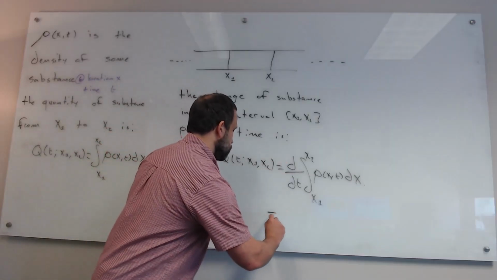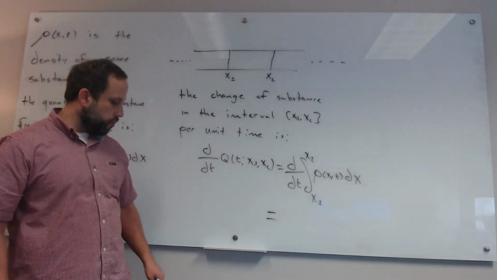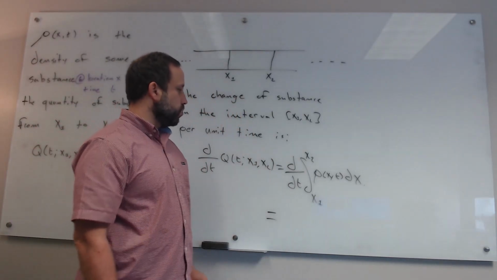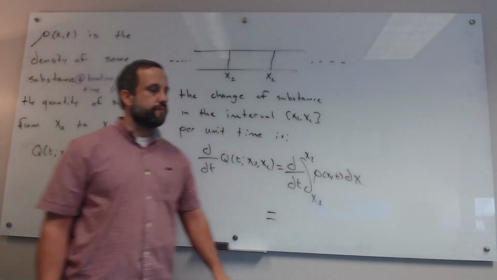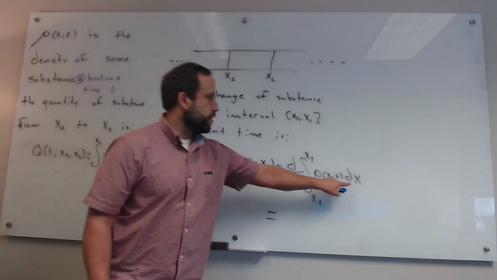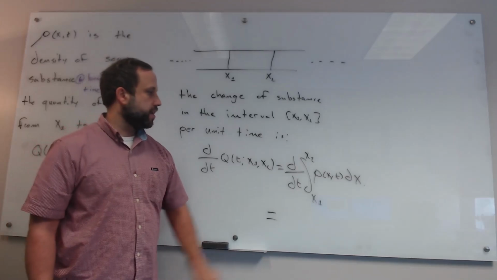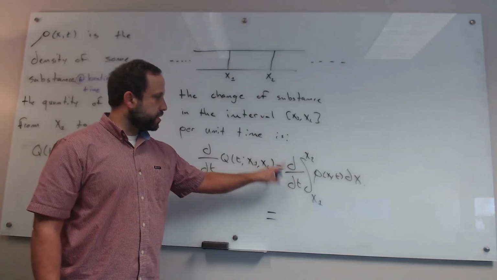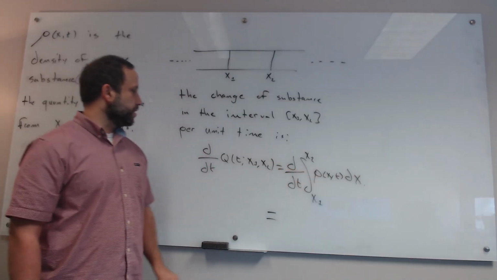Well, notice that if we assume that rho is continuous, which is a reasonable assumption, we're integrating over a finite interval here. The integration is with respect to x. The endpoints don't depend on t. I can just simply put the differentiation inside the integral.